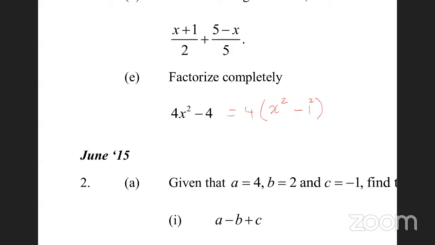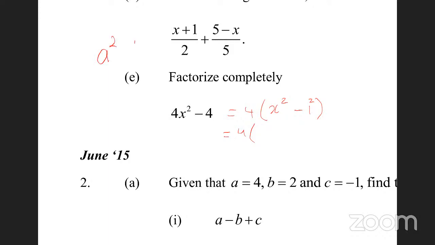Right? How do you do difference of 2 squares again? Anya? I remember the rule. A squared minus B squared is what? A plus B by A minus B. So the rule is this.